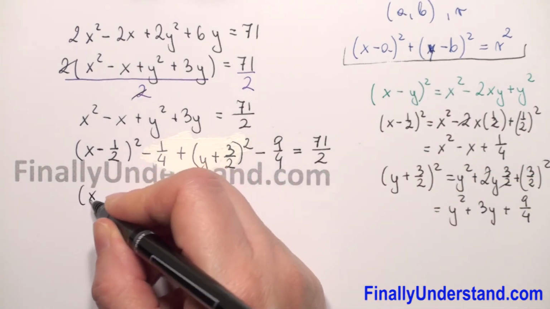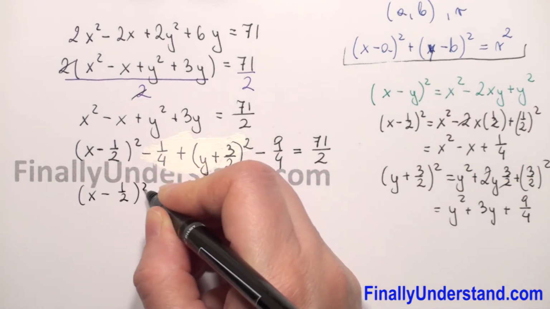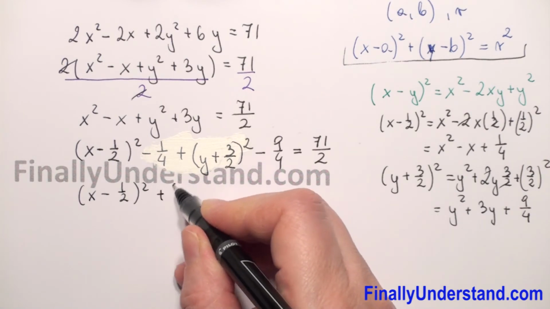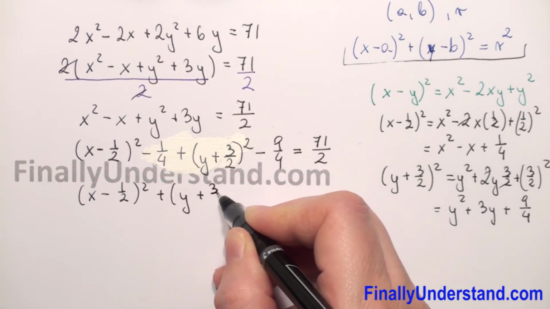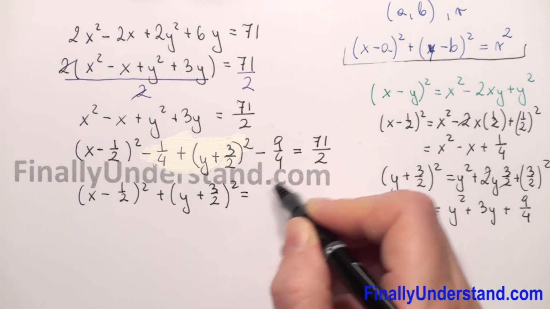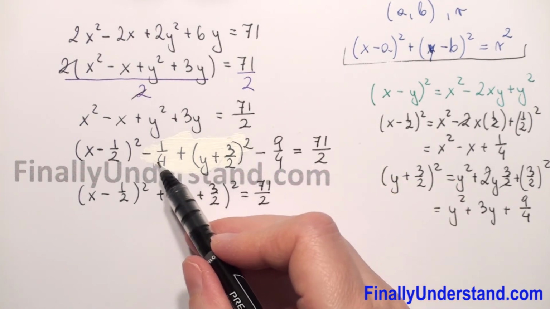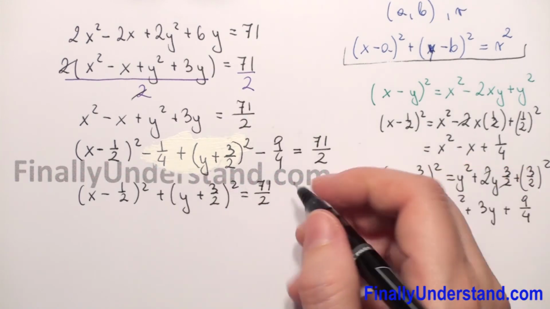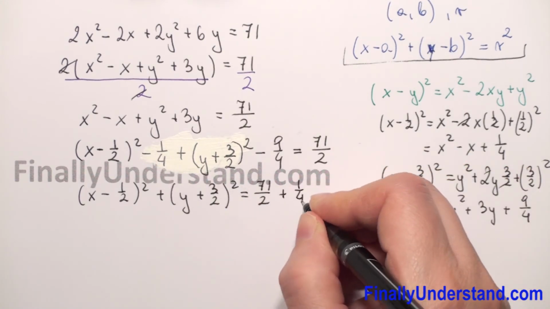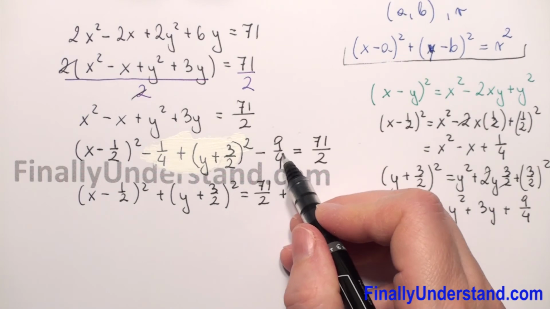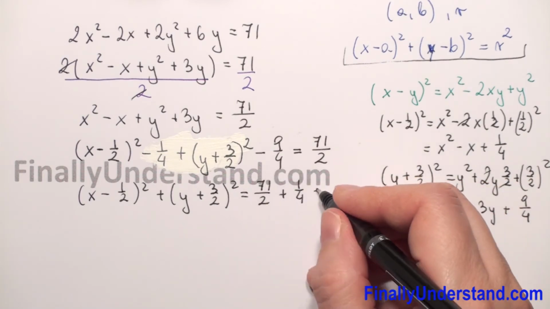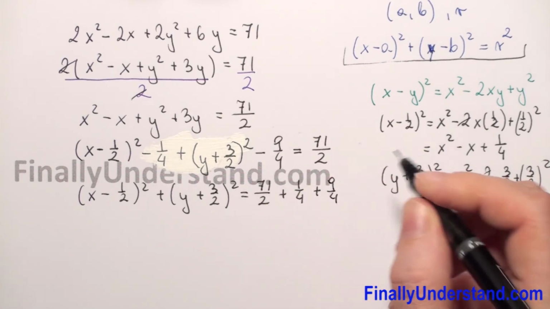So we have x minus 1/2 to second power plus y plus 3 over 2 to second power. This is equal. We have 71 over 2. Like I said, I will move negative 1/4 to the right, so it will be plus 1 over 4, and negative 9 over 4 to the right, so it will be plus 9 over 4.